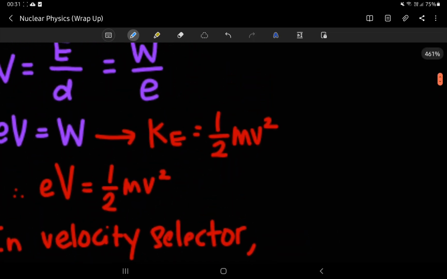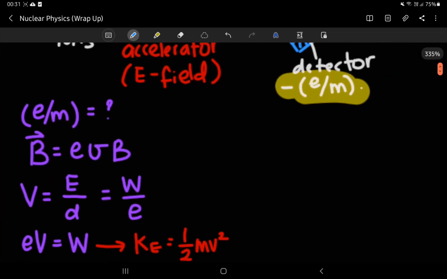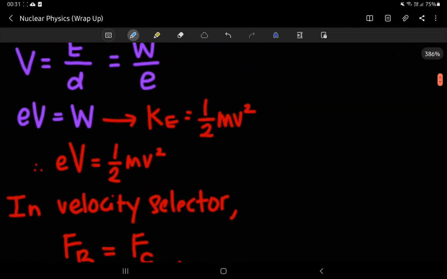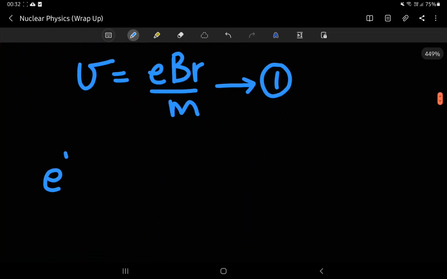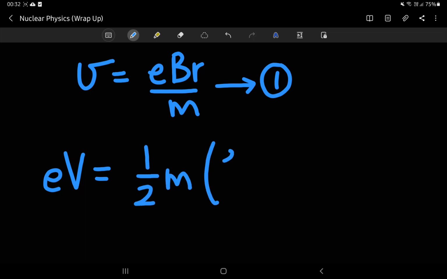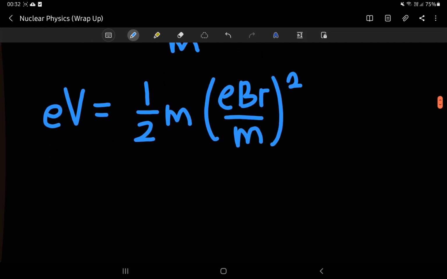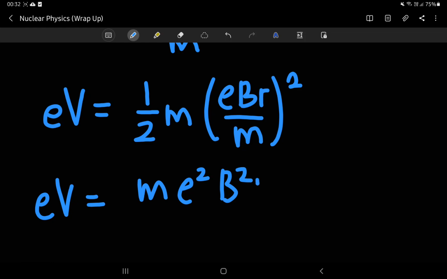We substitute into 1. So eV equals 1/2 mv squared, with v as eBr over m squared. So eV equals m e squared B squared r squared over 2m squared.